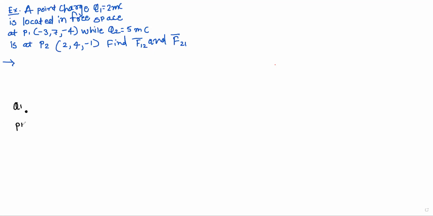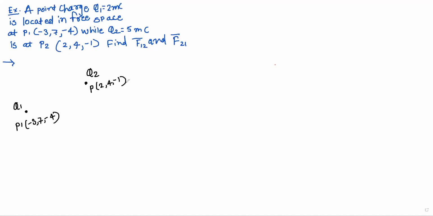And what are the coordinates of P1? P1 is -3, 7, -4. And we have Q2 at P2. What are the coordinates of P2? 2, 4, -1.